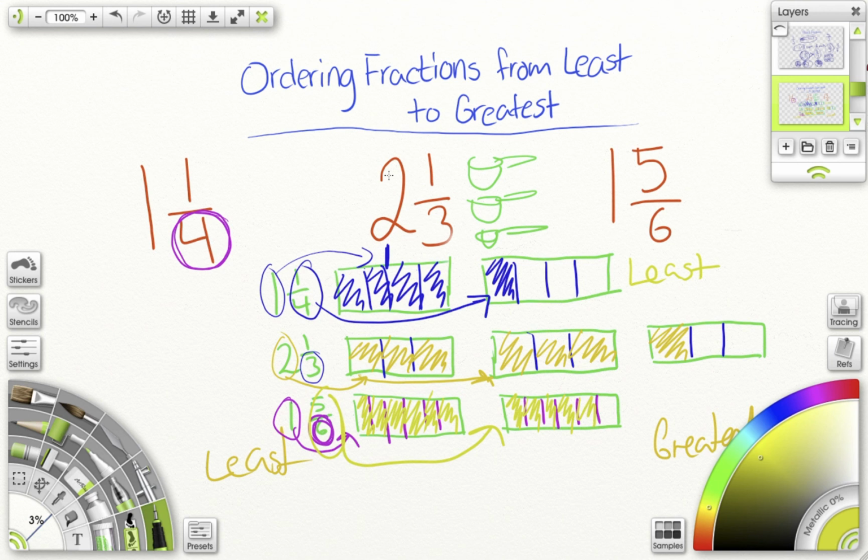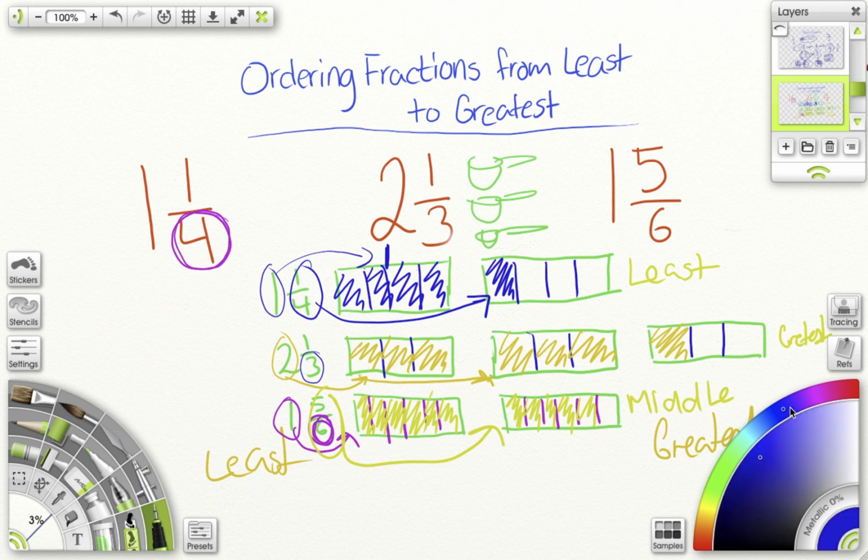Of course, the 5 is going to be bigger because that's like 5 full cups of flour plus 1/7 of a cup, and the other one is 2 full cups of flour and 1/3 of a cup. So obviously 5 full cups of flour is much, much bigger than 2 full cups of flour. So this is my greatest one. And then this is my middle.